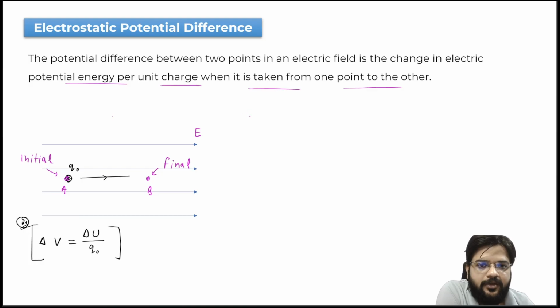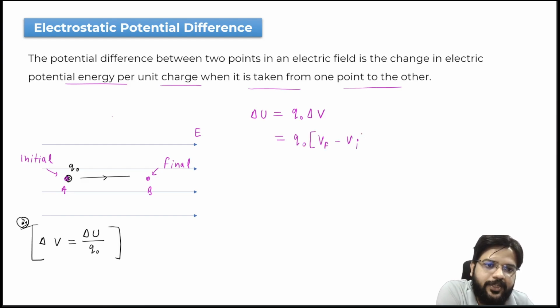All right. Now the del U can be written as, from the definition, Q naught del V, everyone. Correct? And the del U is the change in potential energy. So change in potential energy can be written as final potential energy minus initial potential energy equal to del U. And we know one more thing, everyone.